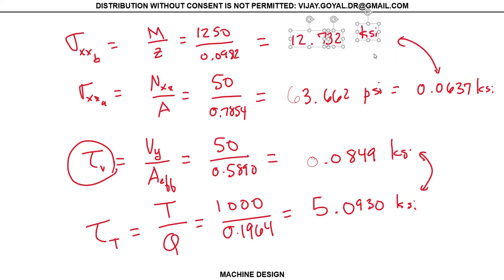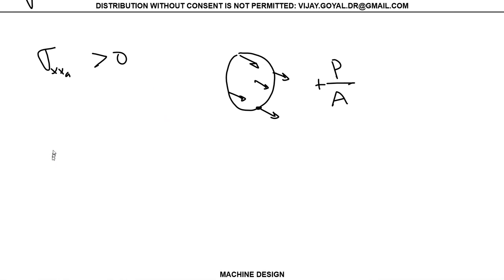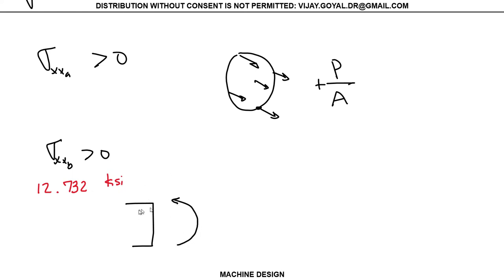So if I take this value and we see what happens for the case where this is completely positive, this is the value that we are getting for bending. If it's positive, we know immediately how the stress is acting here: this is like this and this is like this.